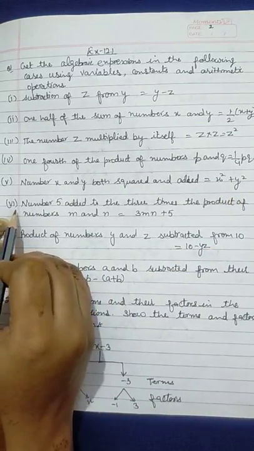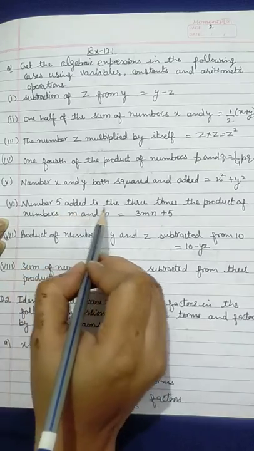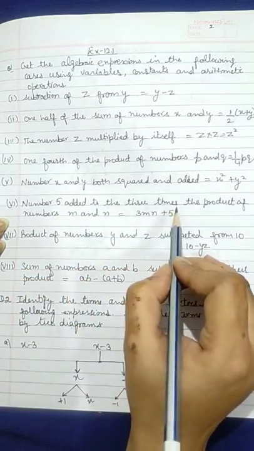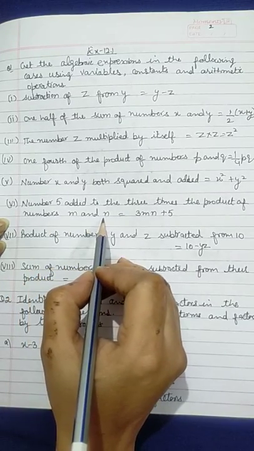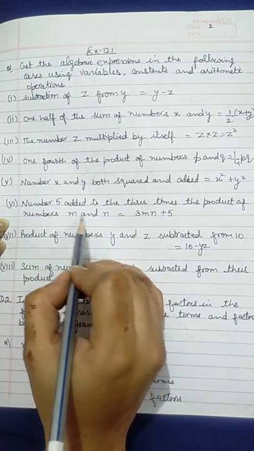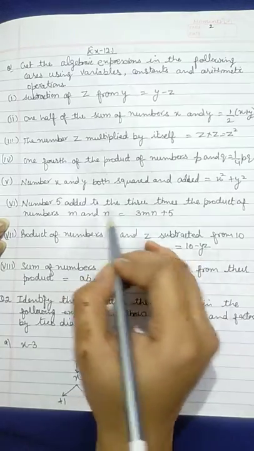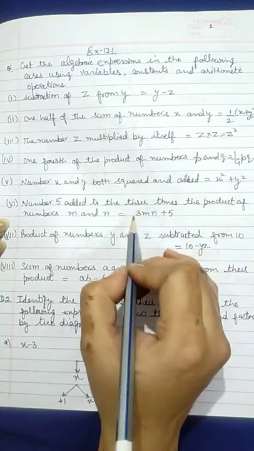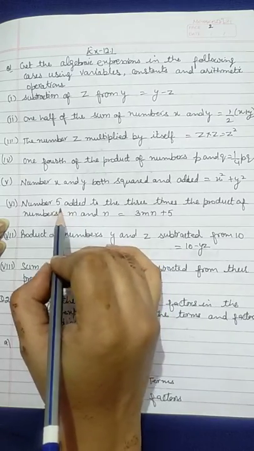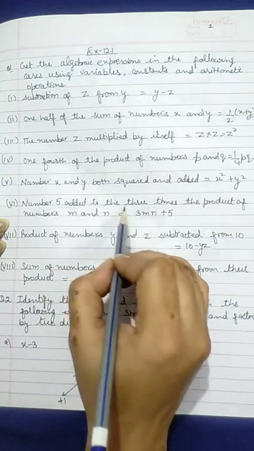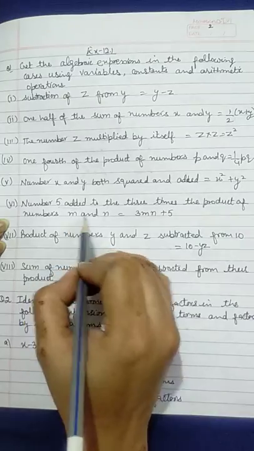Then next part, the number 5 added to 3 times the product of numbers m and n. We're going to multiply m and n, then multiply with 3, and add 5, because they're asking to add 5 to 3 times the product of the numbers m and n.